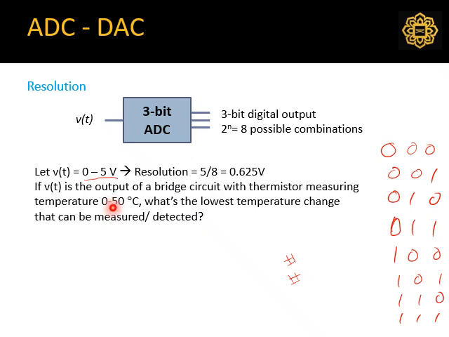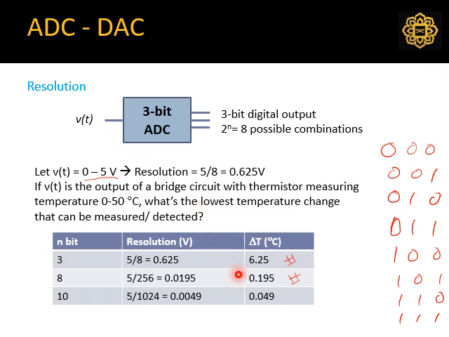So 10 into 0.625 will give you around 6.25 degree centigrade change in the temperature that you will be able to detect through your ADC circuit. Okay, so this is the case. That is what is mentioned here, 6.25.